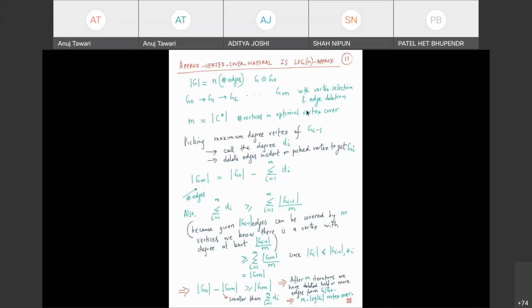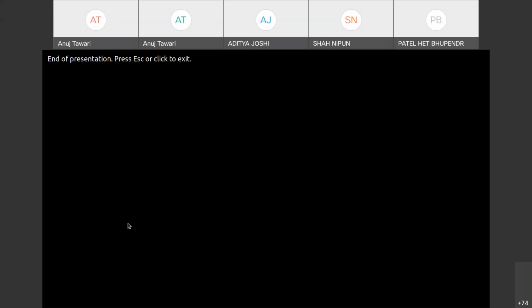Now we'll use the fact that our optimal vertex cover has size m.